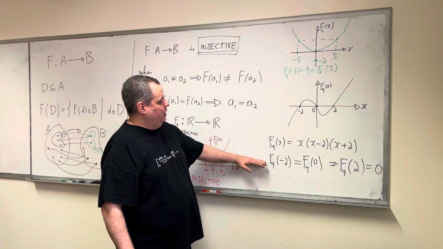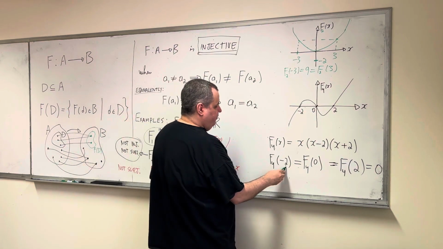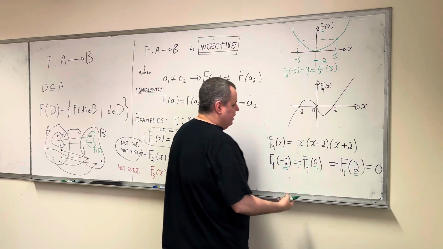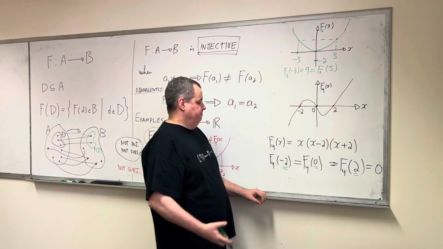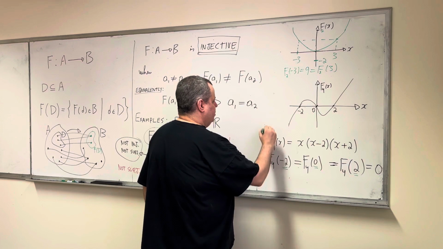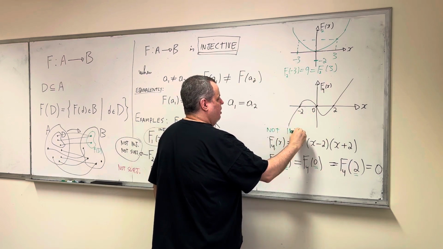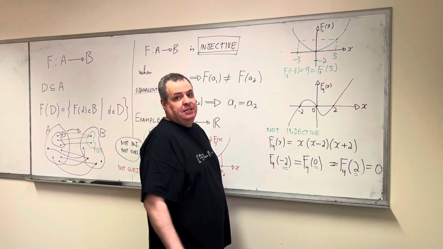So this function here is not going to be injective because I have different points of my domain that, when I apply the function to these points, I get to the same point of the codomain. So this function is not injective. Okay? Is it surjective?